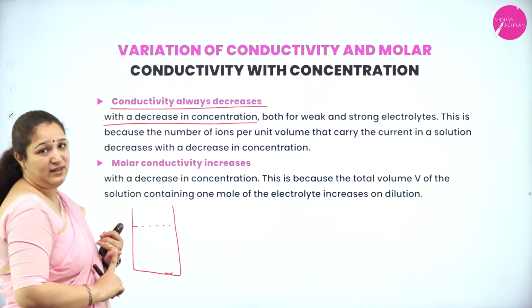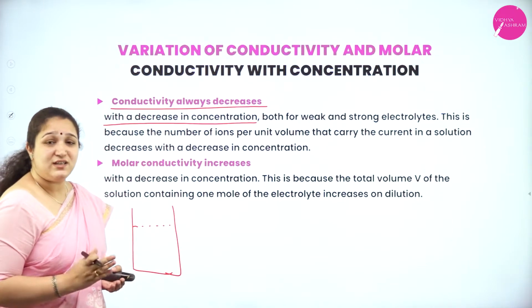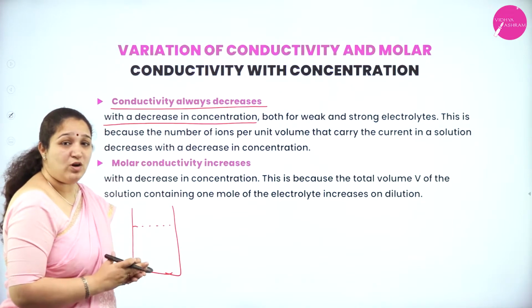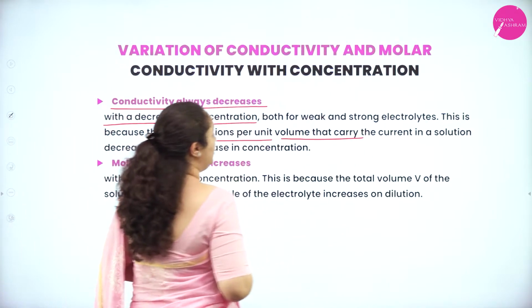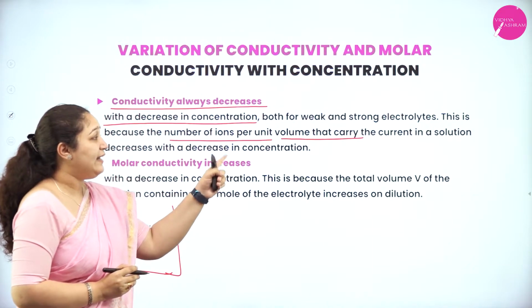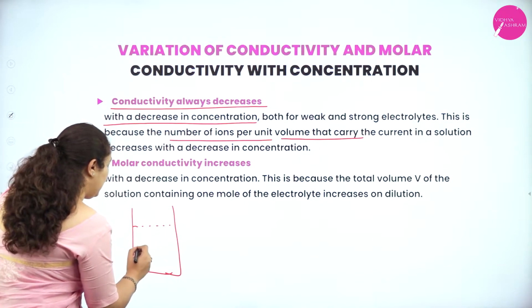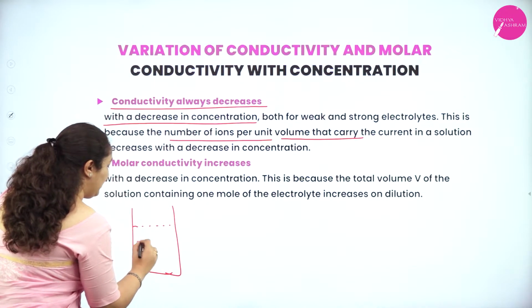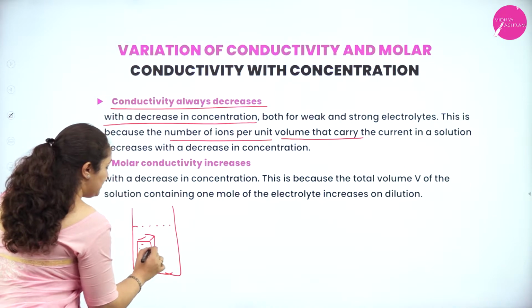Why does it decrease? Now, what is the meaning of conductivity? The conductivity here is due to the number of ions present per unit volume that carry current in a solution. If this is my unit volume, I have taken 1 unit volume, and in this there are some ions.